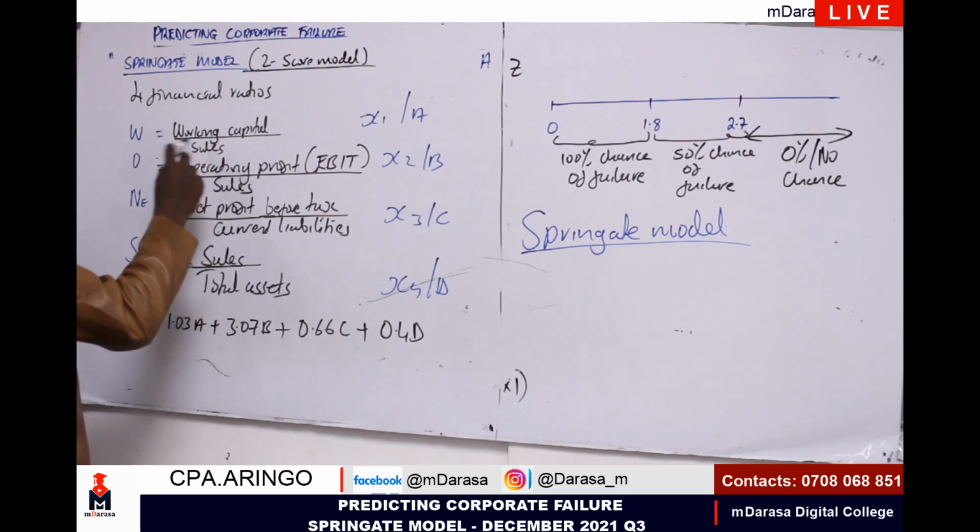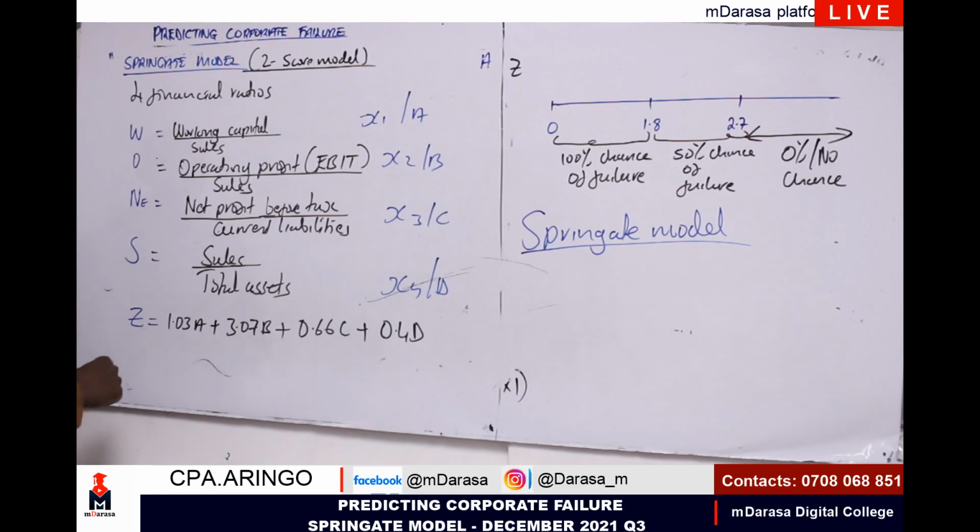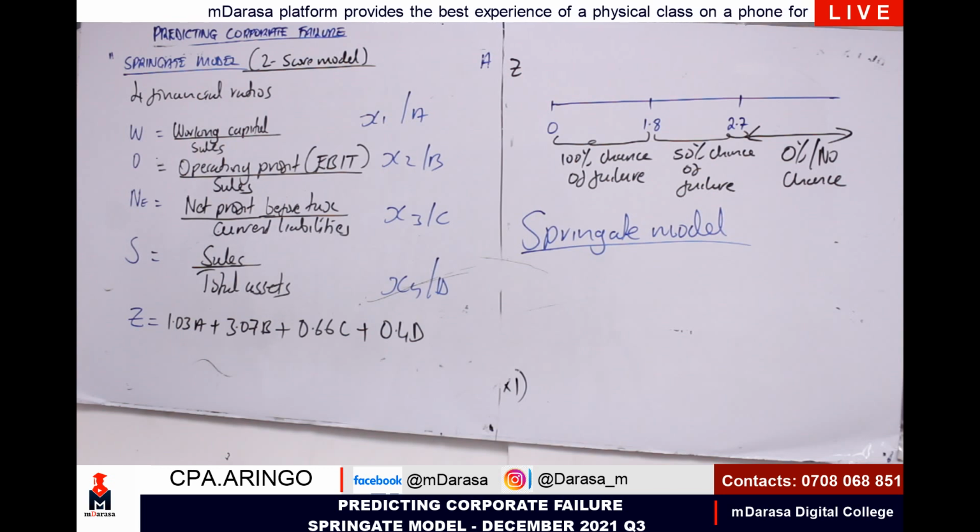Where A is simply working capital over total assets, B is operating profit, that is earnings before interest and tax over total assets, C is net profit before tax divided by current liabilities, and finally D is sales over total assets. It is very important to always understand that.